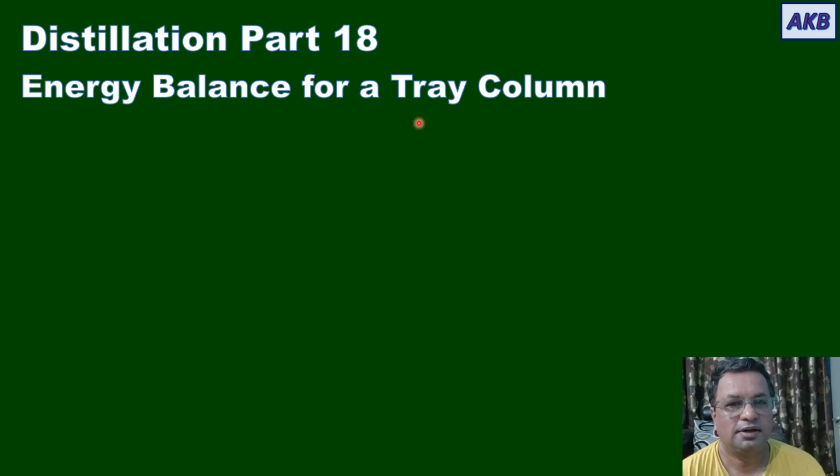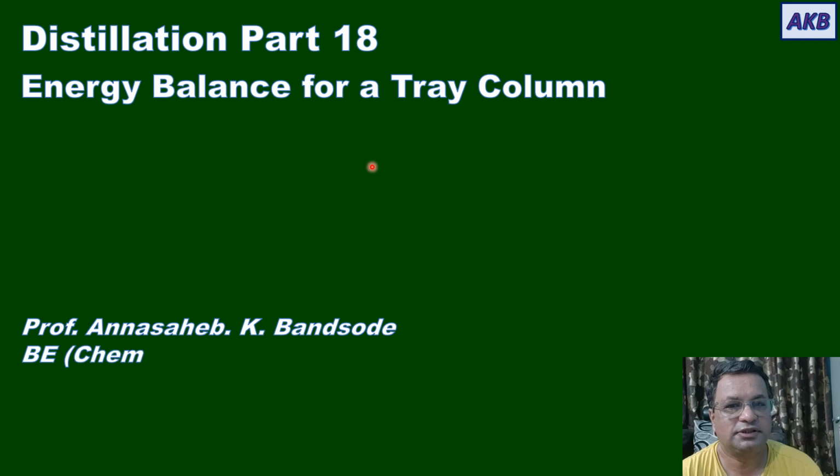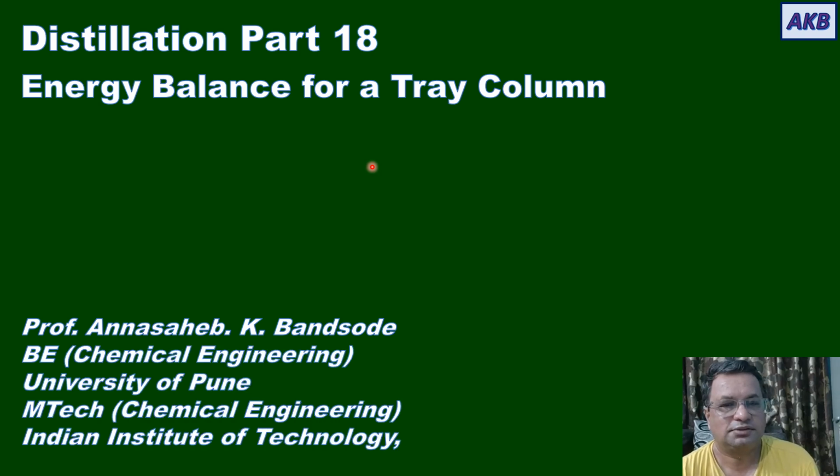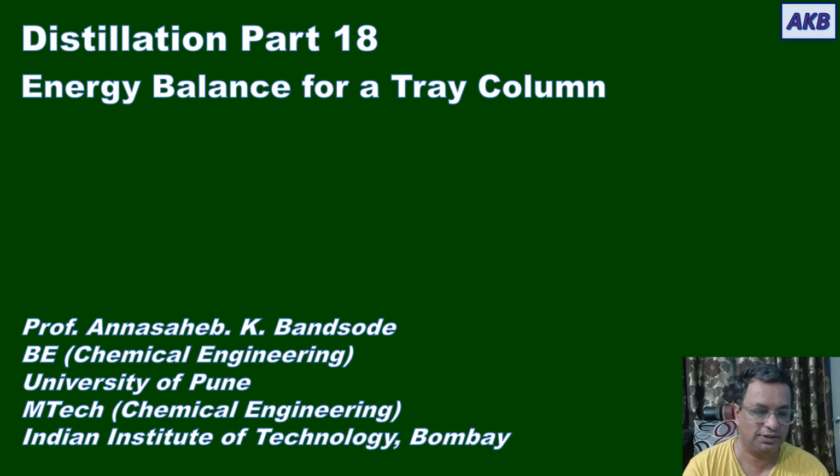In my earlier videos on distillation, to be precise, in part 16 and 17, I have been talking about rectification, that is distillation carried out in tray columns. In my earlier videos, I have discussed material balance for a typical tray column, and today in this video, I'll be talking about energy balance for a typical tray column. So let us begin the discussion.